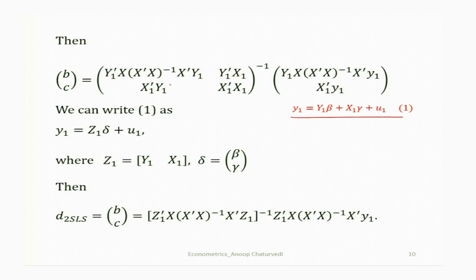Similarly, at this place you get X1 transpose y1, and here you get X1 transpose X1. Notice that to obtain this expression, you just make use of the result that X1 transpose X (X transpose X) inverse X transpose X1 is equal to X1 transpose X1. And so, this is the expression for the 2SLS estimator for delta or beta gamma.